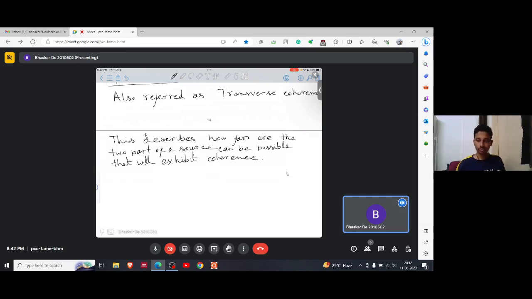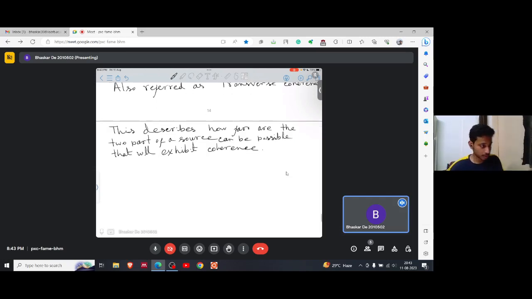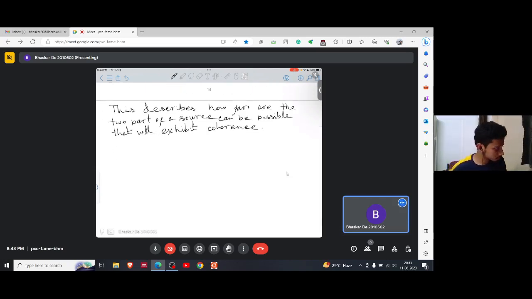So by coherence we mean that the relative phase. Okay, so in temporal coherence we mean that after a certain distance the phase relation between the electromagnetic wave is preserved, and here it is the spatial coherence. So this is also known as lateral coherence.